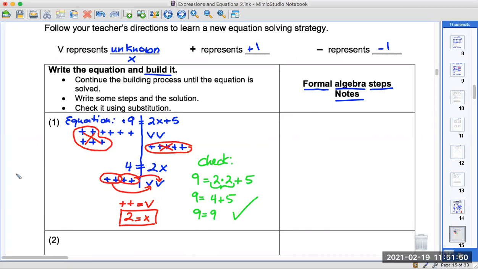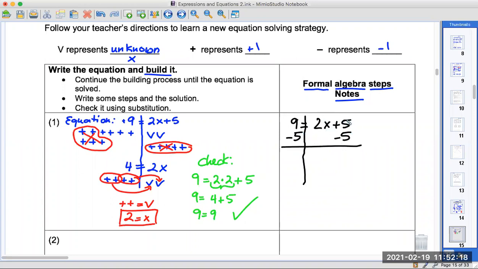Okay, now here comes the formal algebra steps. This is going to be what you really are going to do later on. 9 equals 2x plus 5. So you got left side, right side. What did we do first? We got rid of the 5, right? See how we eliminated the 5? So I'm going to subtract it on both sides.